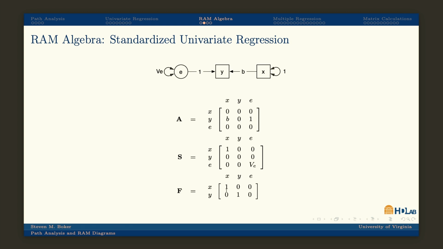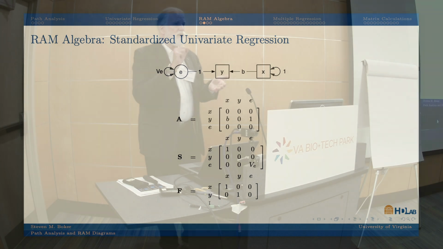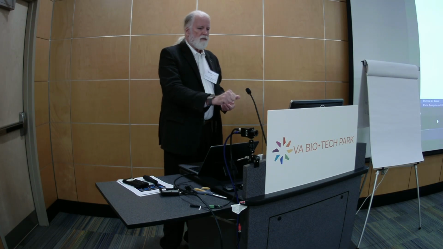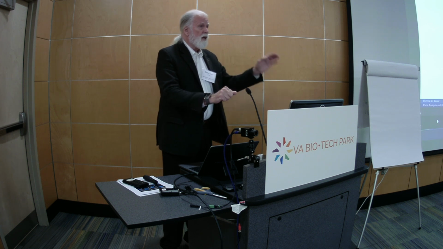Finally, there's the F matrix. The F matrix has a number of columns that is the total number of variables, and the number of rows that is the number of manifest variables. That will mean that once you multiply that result by F, pre and post, you're going to remove the latent variables, and you can now compare the expected covariance matrix with the data, the real covariance matrix.